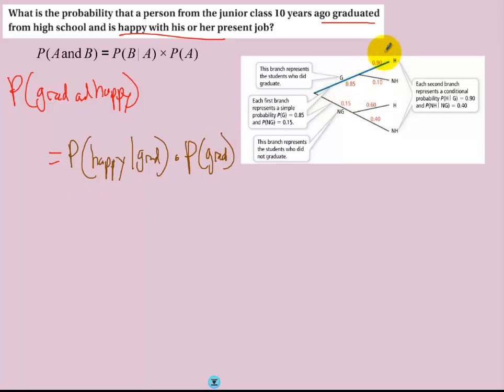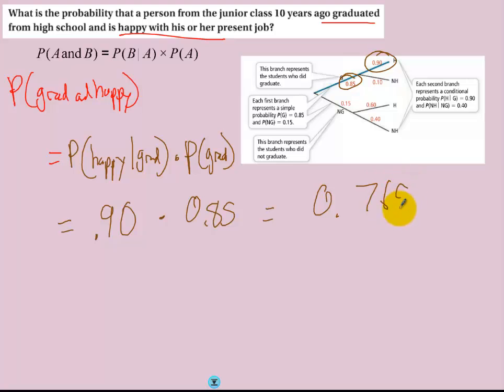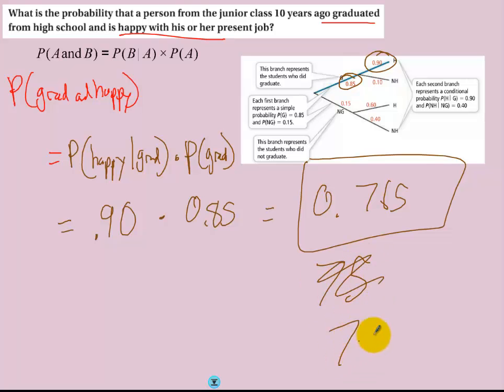Happy given graduated is right here, and that's going to be 90%, or 0.9, times the probability you graduated, which is 0.85. You multiply those together, and you're going to get 0.765. So 765 thousandths. That is your probability, or 76.5%. That's it.